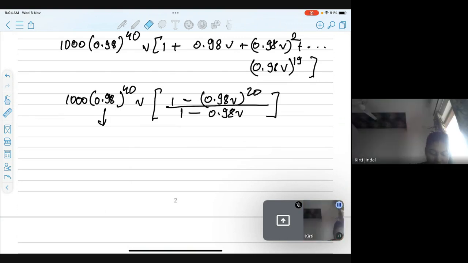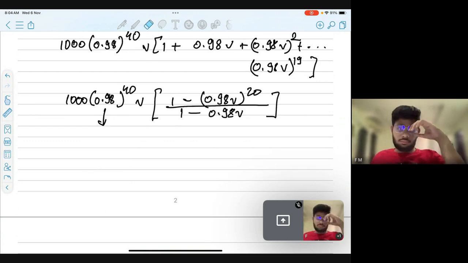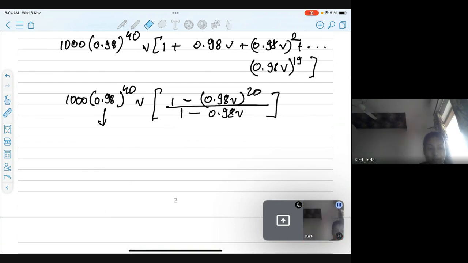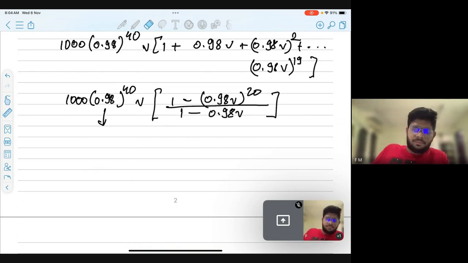The value of the bracket is 15.57. Is it 6889? Yes. Okay.